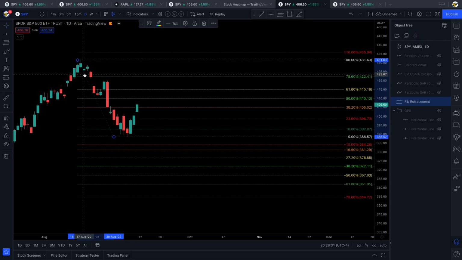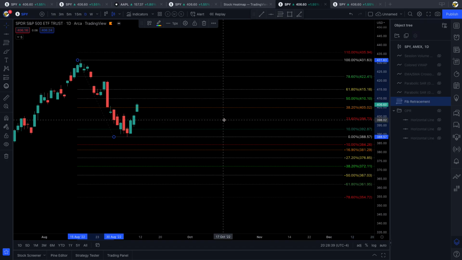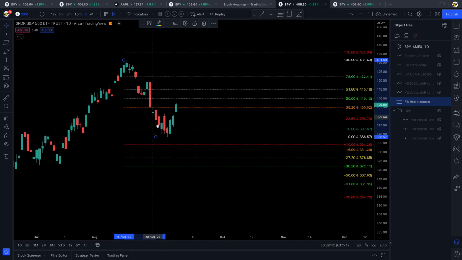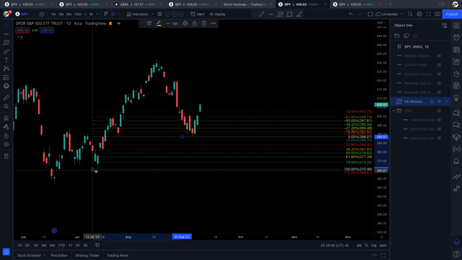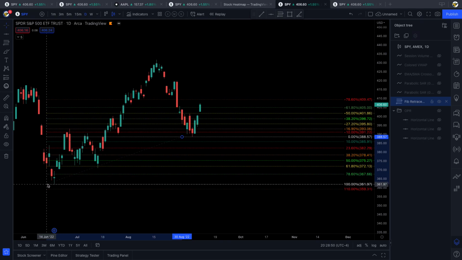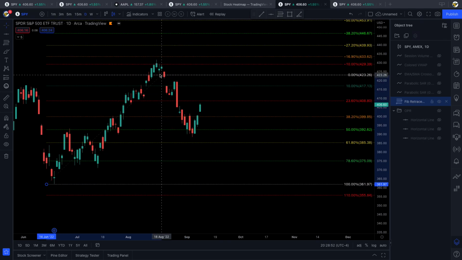So for here, it pushed down. It could possibly be a pullback to the 618 level, which is, again, what's that number? 415. So he drew it from the high, this most previous rundown, where I drew mine from its low to the run up.